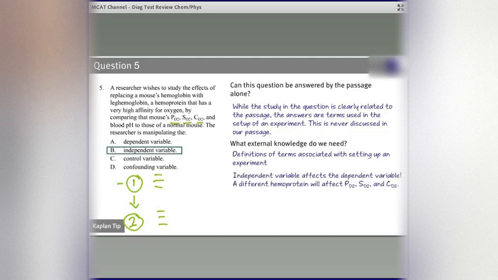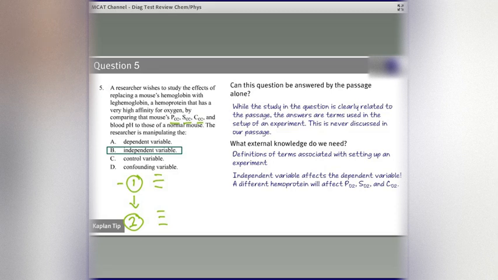That's the definition that we're being given here. The independent variable affects the results of the dependent variables. In other words, the values for PO2, SO2, and CO2 depend upon whether it's normal or leg hemoglobin.